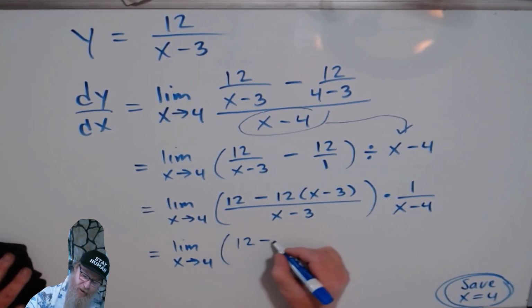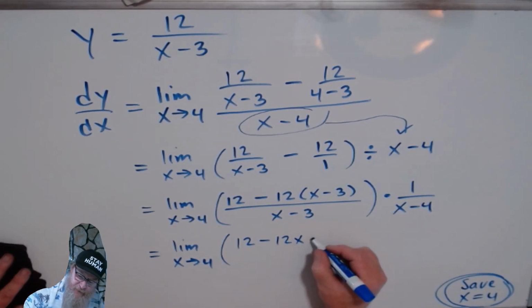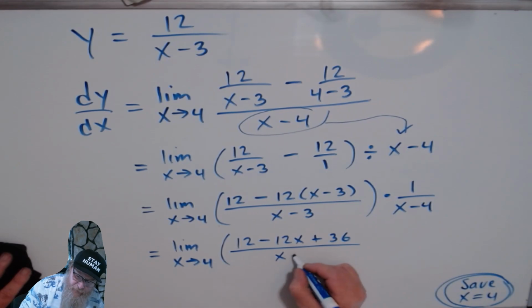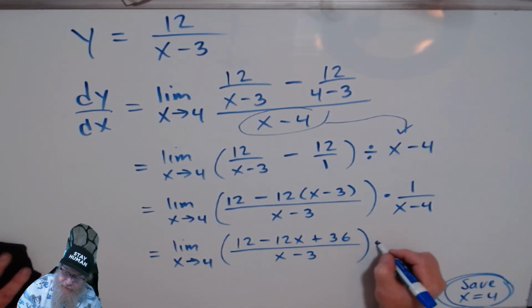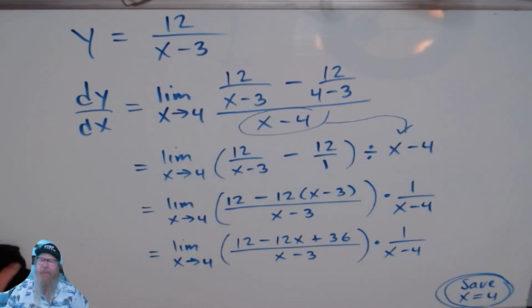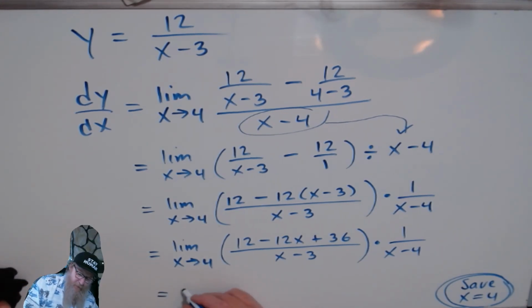So I've got 12 minus 12x plus 36 over x minus 3 times 1 over x minus 4, which is the limit as x goes to 4.